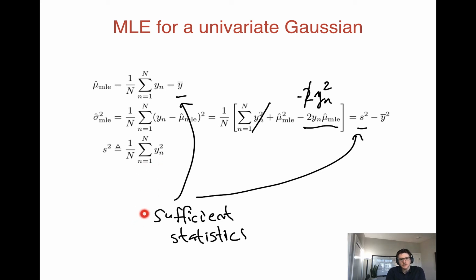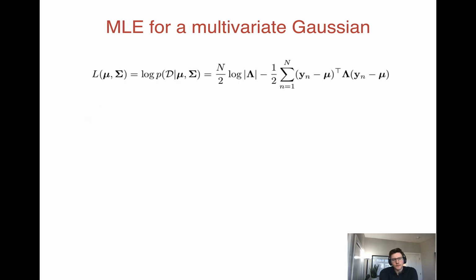They're sufficient for mu and sigma in the sense that if you have these numbers, y bar and s, then you can compute the MLE, mu and sigma.